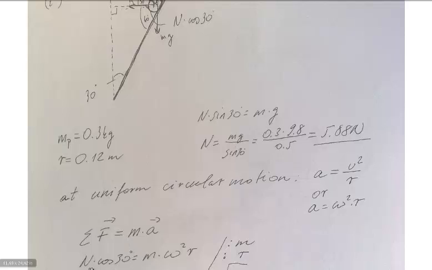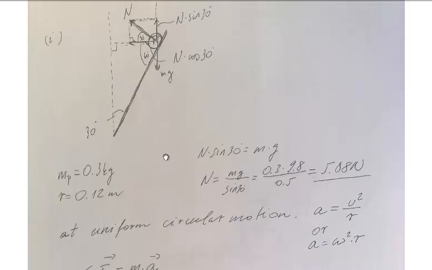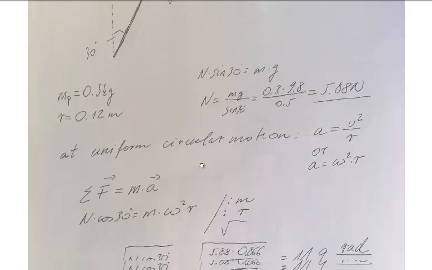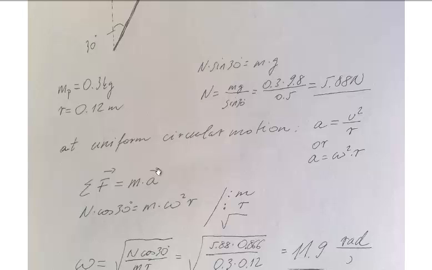We have one force, N times cosine 30 degrees, and it's equal to m times a, which is angular speed squared times r.